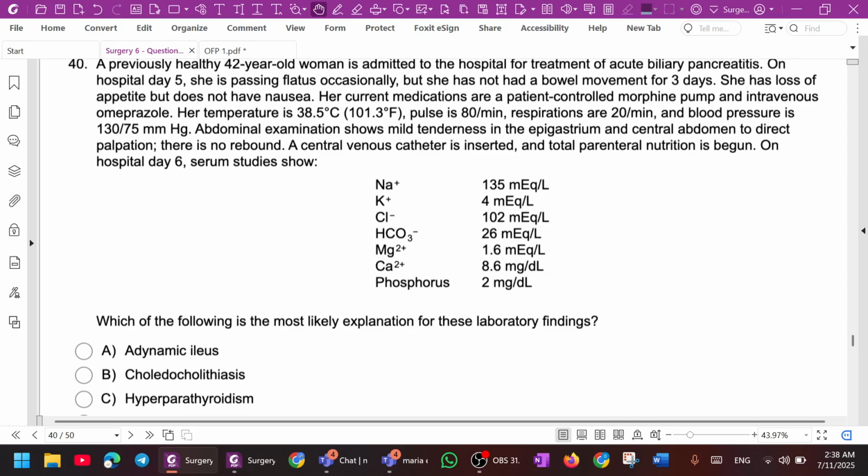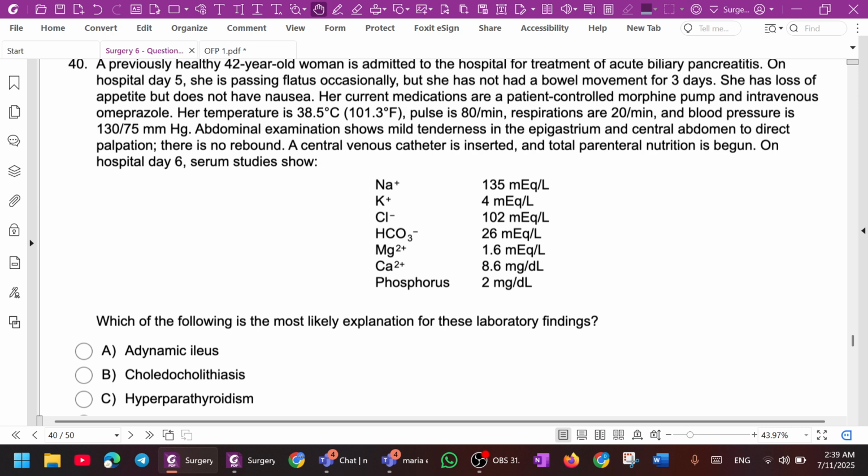Abdominal examination shows mild tenderness in the right epigastrium and central abdomen to direct palpation. There is no rebound. A central venous catheter is inserted. Parenteral nutrition is begun.